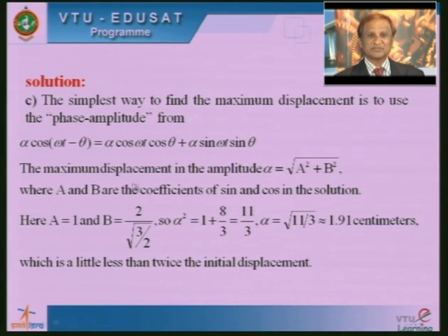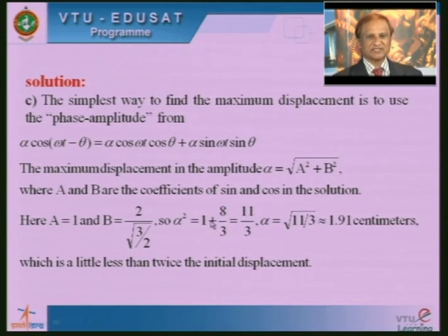The maximum displacement, the amplitude, is alpha equal to the square root of a squared plus b squared, where a and b are the coefficients of sine and cosine in the solution. Is it clear? So we know a and b: a is equal to 1, b is equal to 2 divided by square root of 3 by 2.